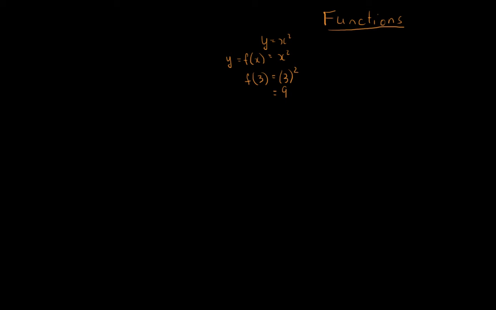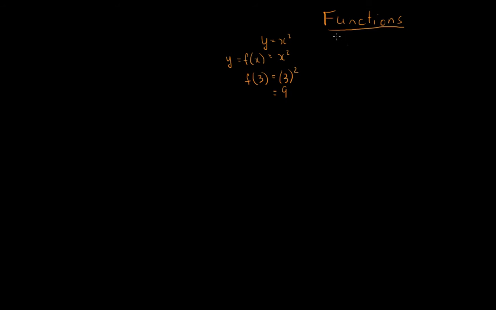Now, let's try another example. Let's try y is equal to 2x. Actually, I'm going to change the color here, just so that we can change styles just a little bit.